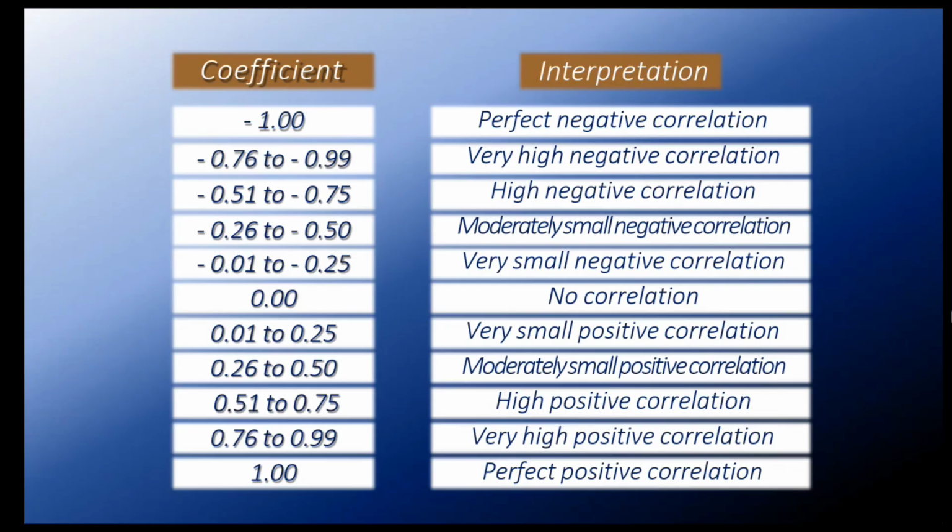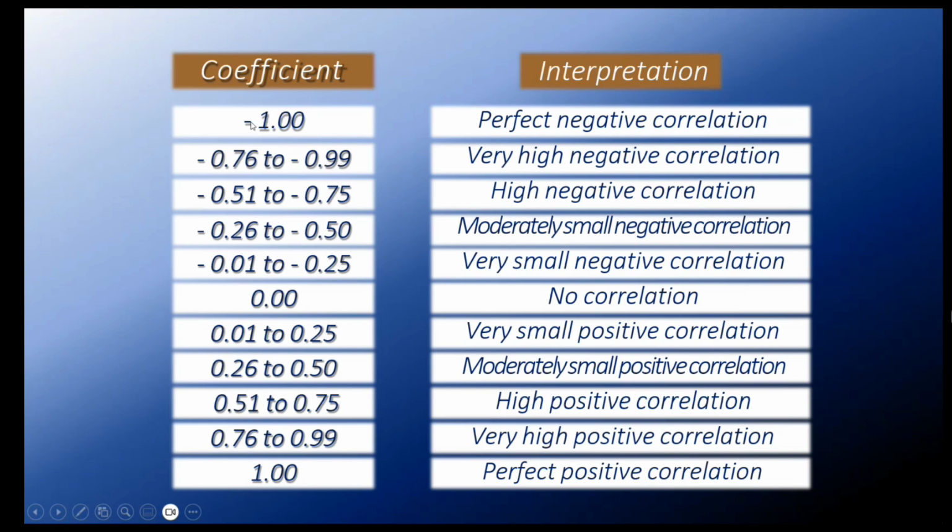Next, we do have here the list of coefficients as well as the interpretation. Because we do have the correlation coefficient R in the formula a while ago, and that R can have a value from -1 to 1.